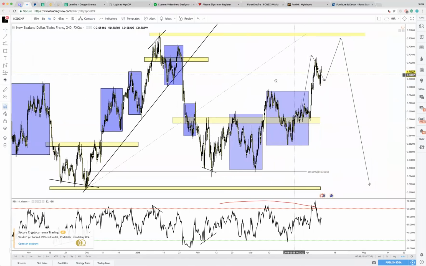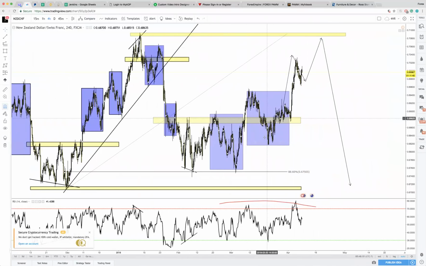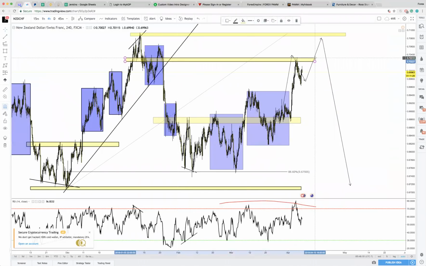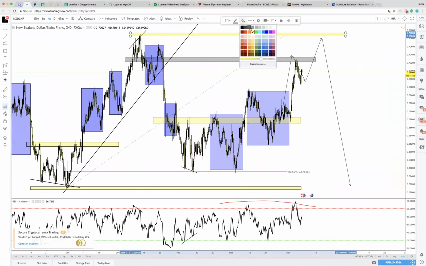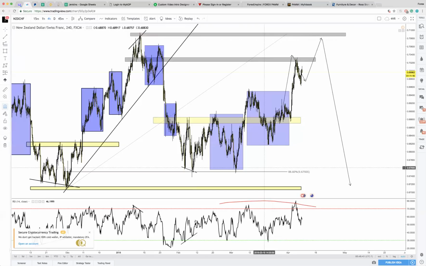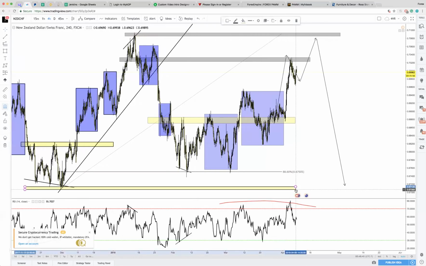All right, NZD CHF is following the pattern already. You can see the W level 1, level 2, a nice M. The first leg of an M is created right about there. And at the same time, it's that support of the M. So we'll wait it out. We'll see how this plays out. Right about here, we should expect a nice reversal, all the way to the bottom side.